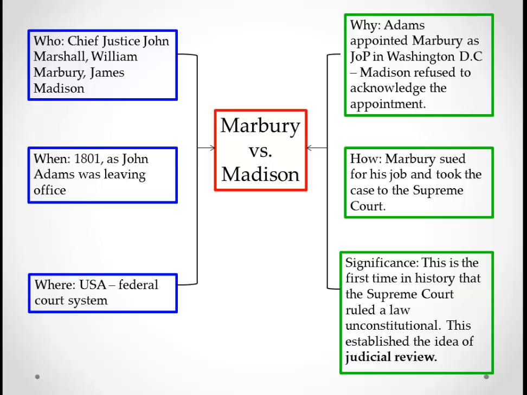This idea, and we've talked about judicial review in the past, established judicial review, where a court can look at a law or a ruling or an act that was put into place and see if it goes alongside the Constitution or if it is unconstitutional. So Marbury versus Madison is really the court case that put that into play.